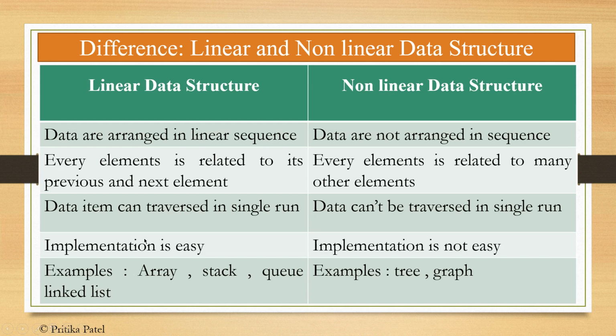Then next point is that implementation of linear data structures is easy, whereas implementation of non-linear data structures is not easy, so it is tough. Examples of linear data structures are array, stack, queue, linked list. Whereas examples of non-linear data structures are tree and graph.